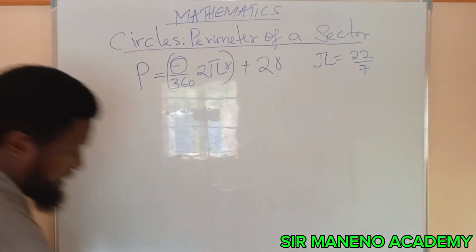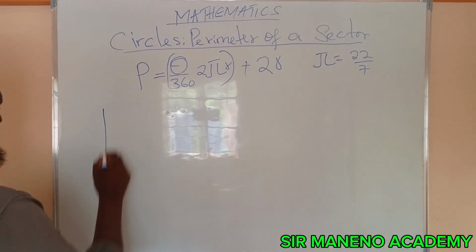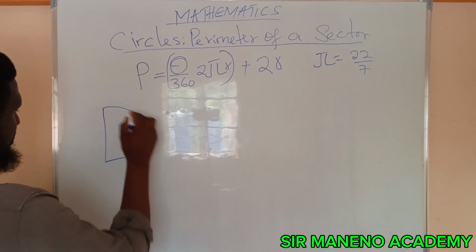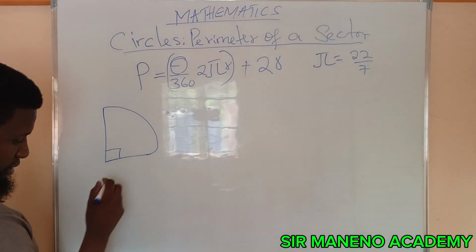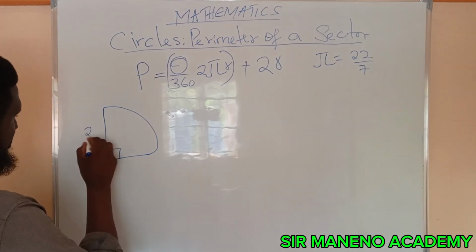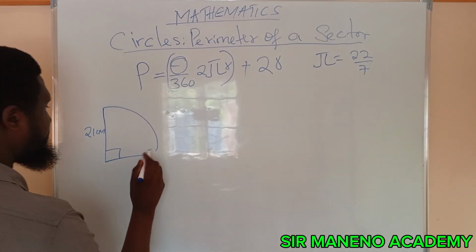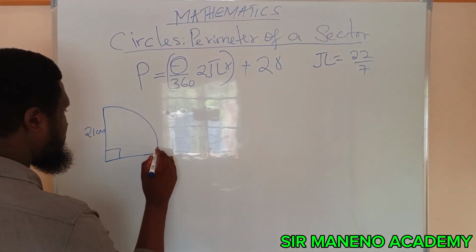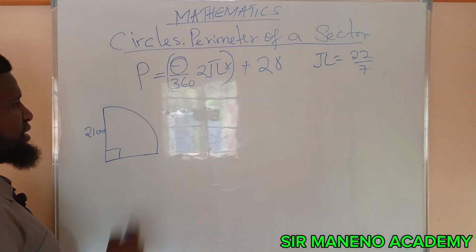So another example: we have a sector like this, and this is 21 centimeters. You are told to calculate the perimeter of this sector. You're given pi as 22 out of 7.